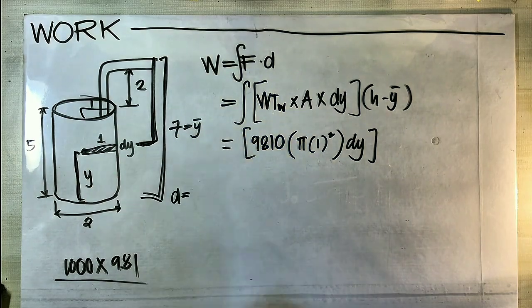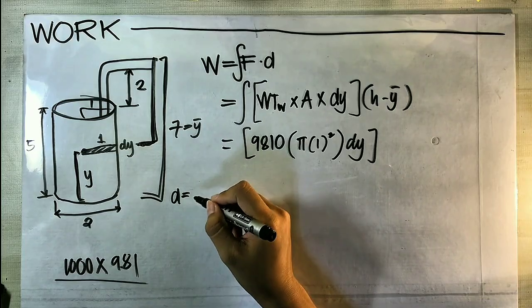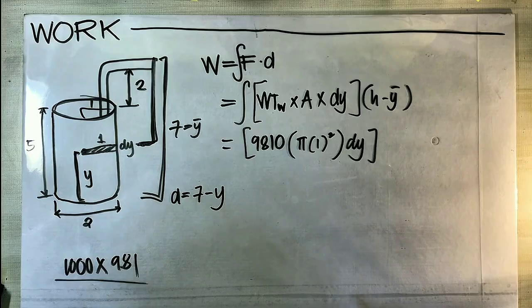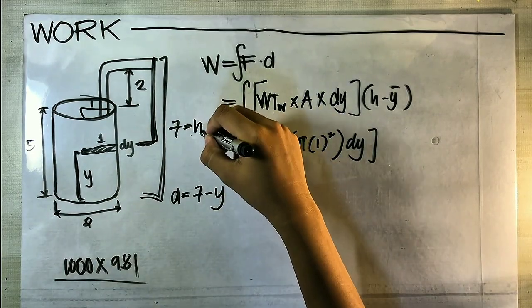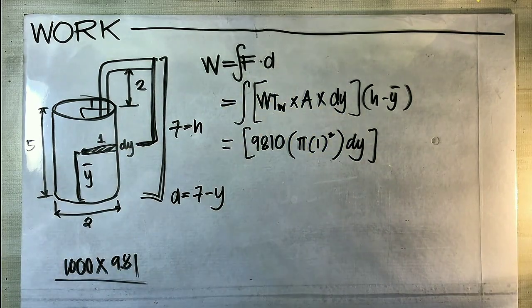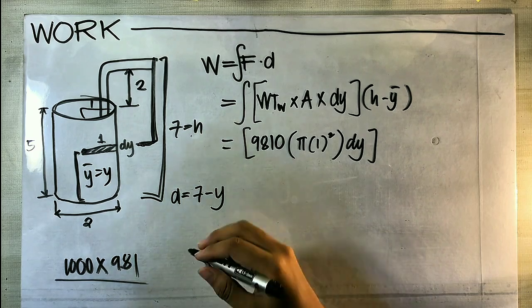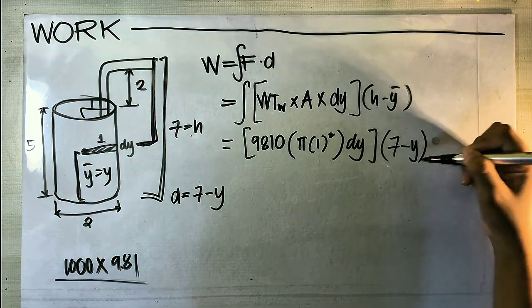So this is 7 minus y. Wait, no, this is the height. I'm sorry. This is the height, and this is the y bar, it's equal to y. So let's put it here. So that is 7 minus y.